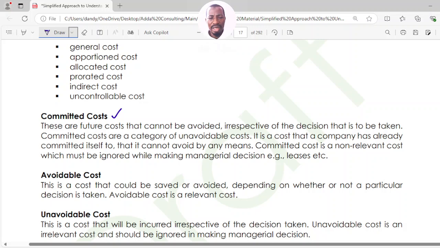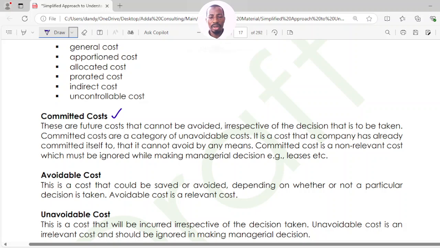That's why we are saying that committed costs are a category of unavoidable costs. The company cannot avoid it. The company must pay it, irrespective of whether you undertake a project or not. So that's a committed cost. All right. Then what do you understand by avoidable cost?